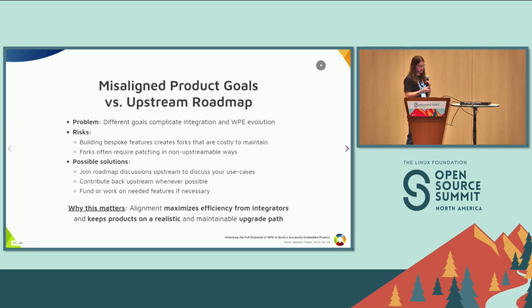And this is important because if you do this, you will maximize your efficiency doing the integration work. And on top of that, because you are going to be aligned, you know where upstream is going, where you want to be going, you will also have a clearer idea of whether you are going to diverge too much in the future or not, so this keeps you on a more realistic path for future upgrades.